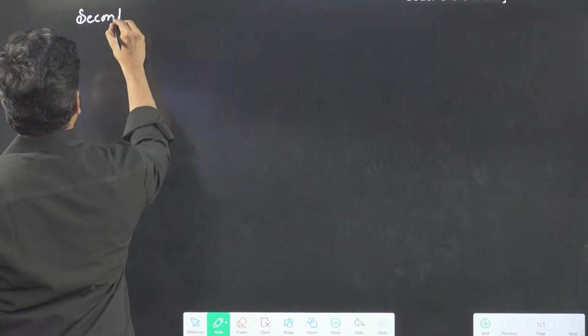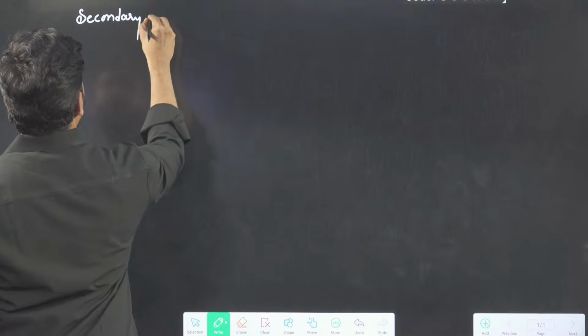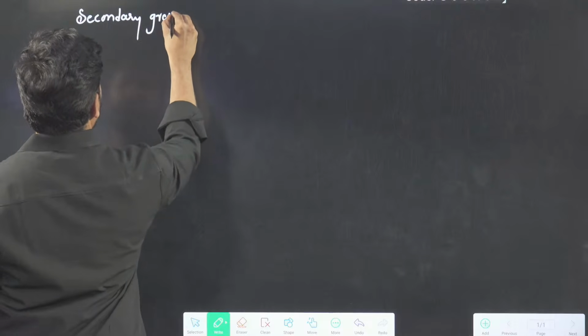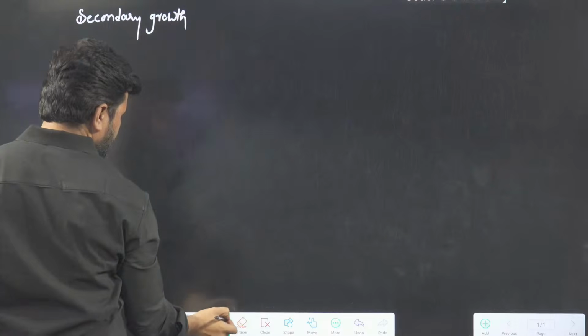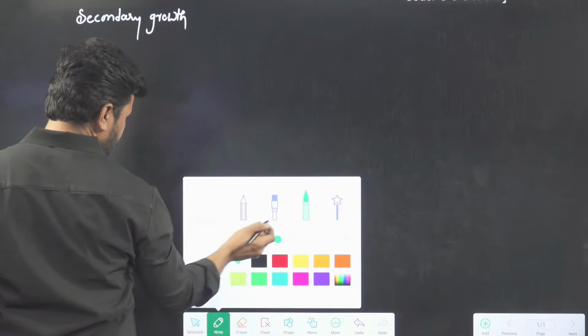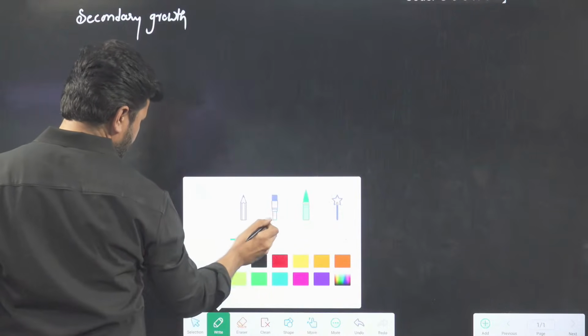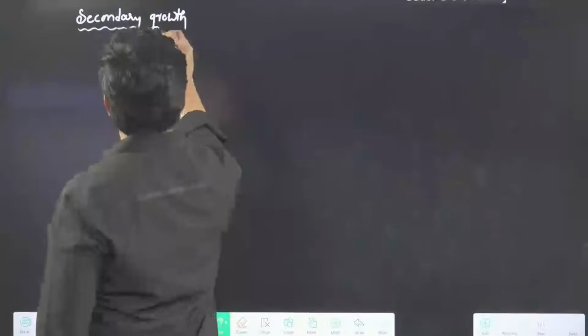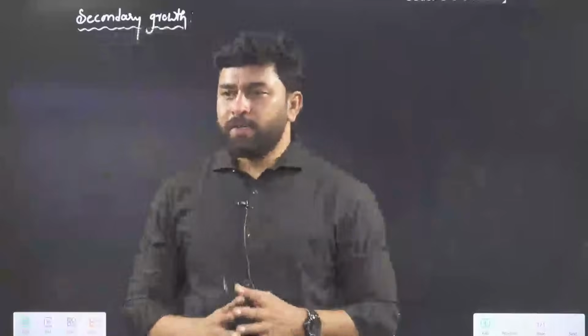Secondary growth. Let us check the details.